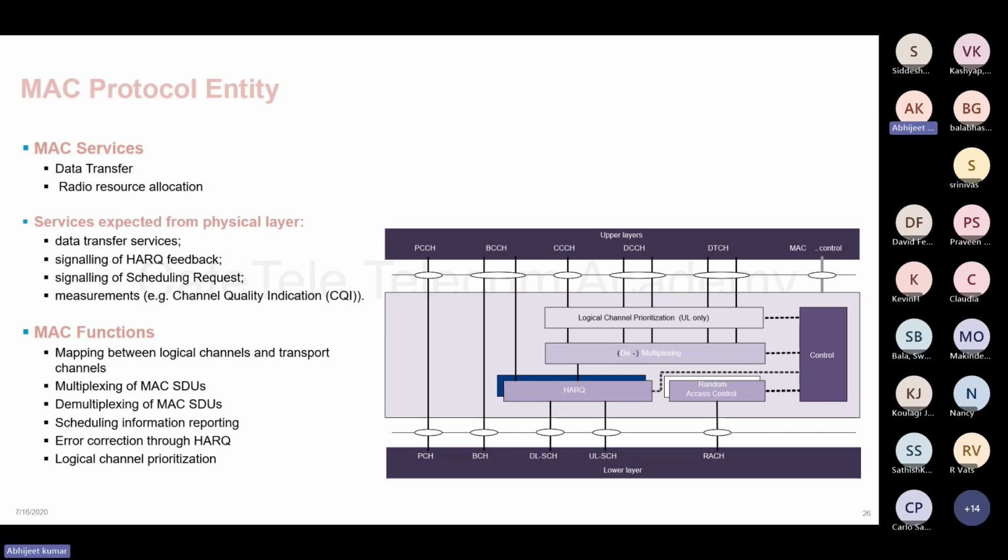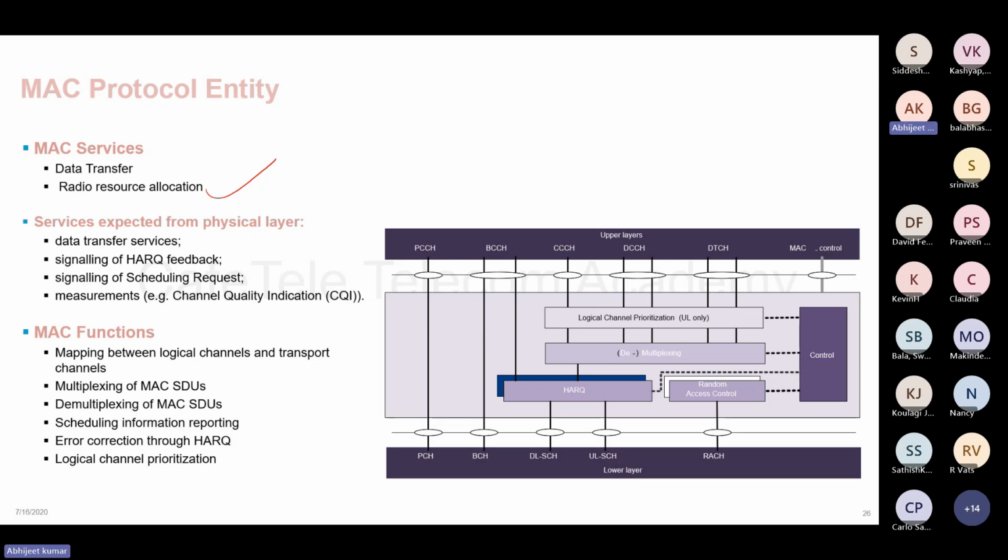Both directions they are managing. The MAC layer also manages resource allocation. It means it dynamically allocates optimized radio resources in frequency, time, and power across the various users so that we can maximize efficiency and throughput.